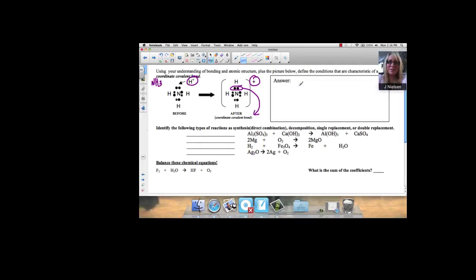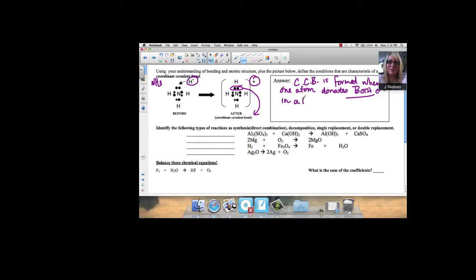So how can we put this in words? A coordinate covalent bond is formed when one atom donates both electrons in a bond.